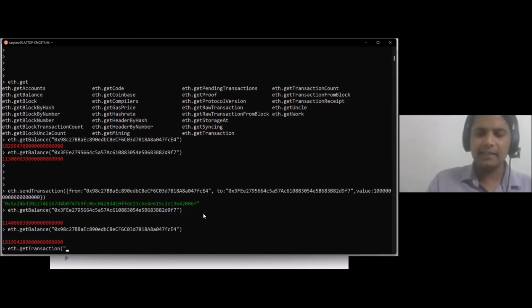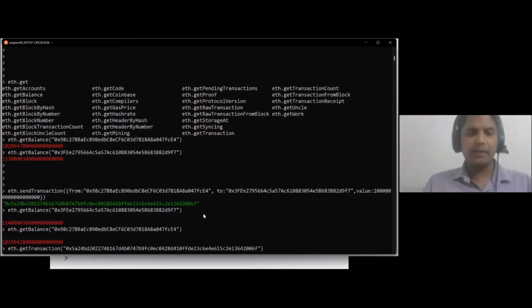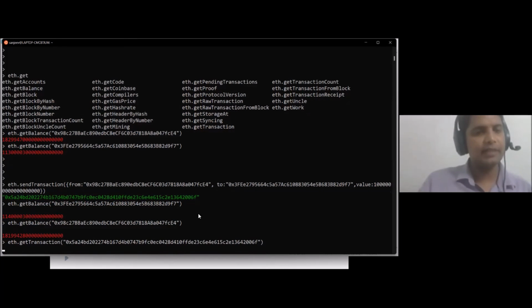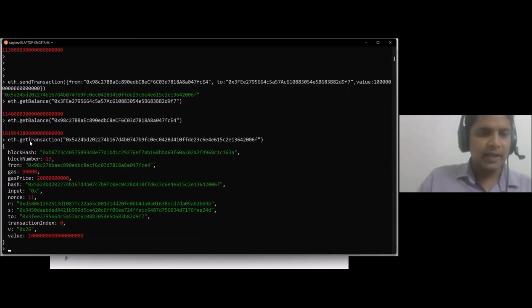These are all utilities which help me analyze the transactions in a blockchain network. Usually in a public blockchain network, anybody who does a transaction can verify all this information, which is open in public. So I can say that this particular transaction is part of block number 13, and the block's hash is so and so. It says from address 98C2, this is my from address, to 3FEE, and the value is this.